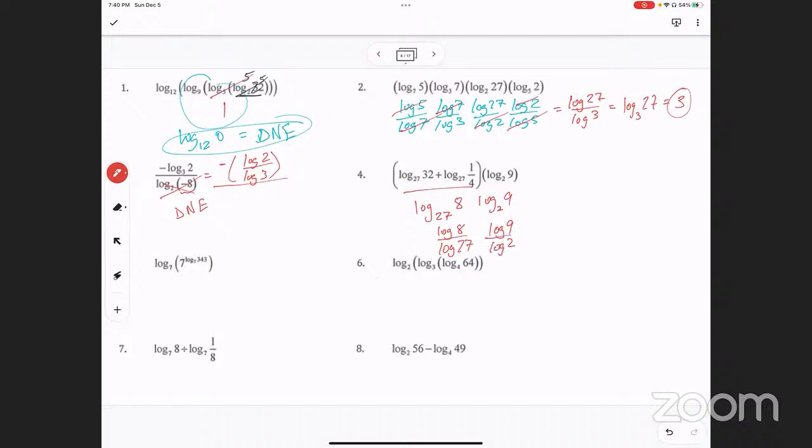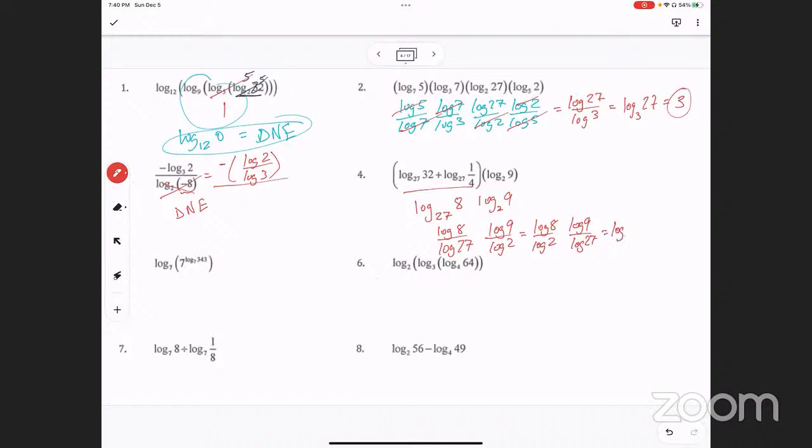And now we can actually mix them up. We can change the places of them. You understand what I'm saying? Like, we can rewrite this as log of 8 over log of 2 times log of 9 over log of 27. Got it?